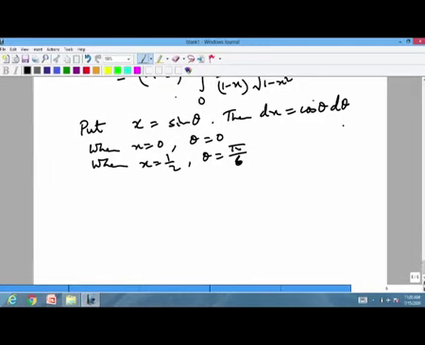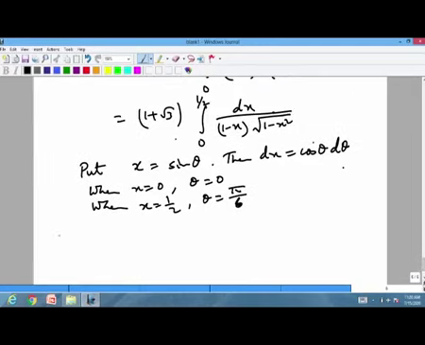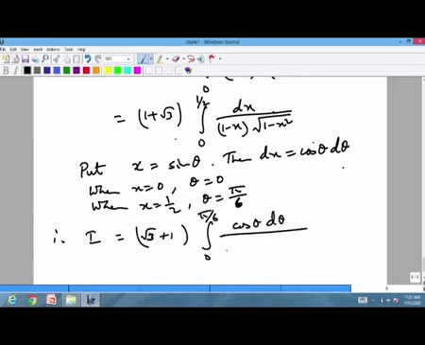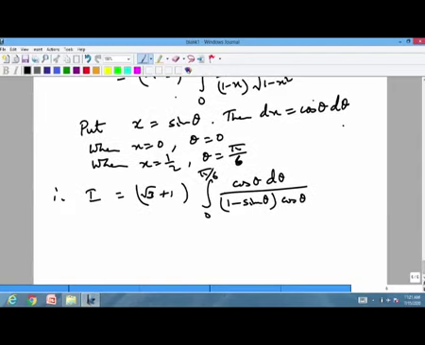Therefore, this integral I is equal to (root 3 plus 1) times the integral from 0 to pi by 6 of cos theta d theta divided by (1 minus sin theta), and square root of 1 minus x square is equal to cos theta. So, cos theta cancels and we get integral of d theta by 1 minus sin theta.